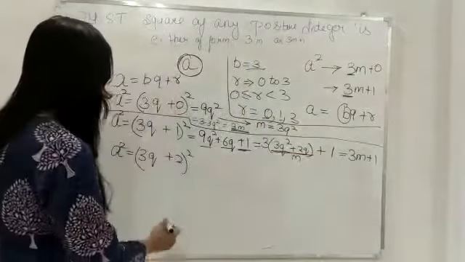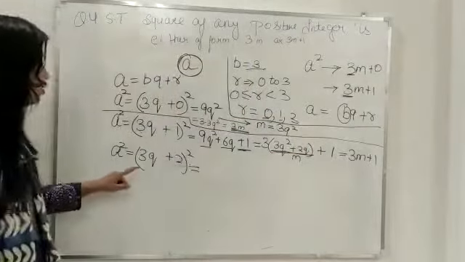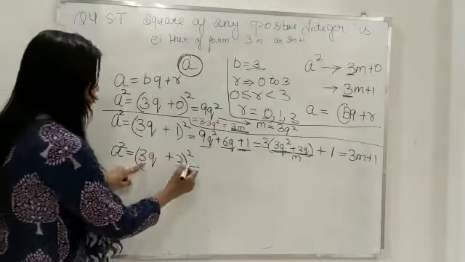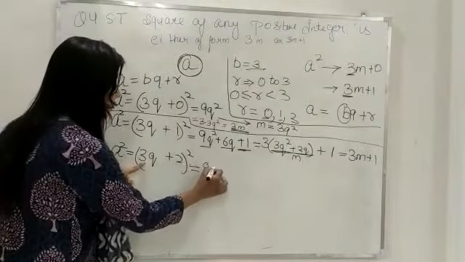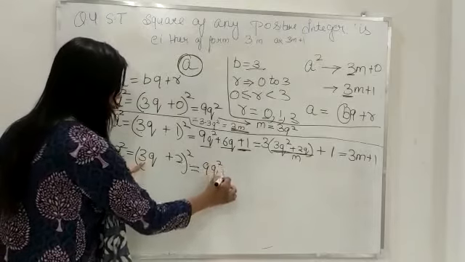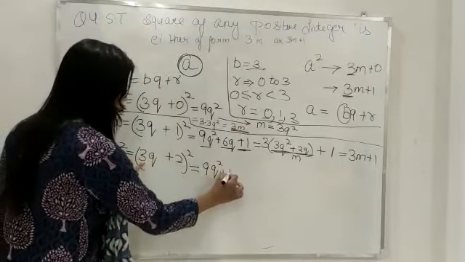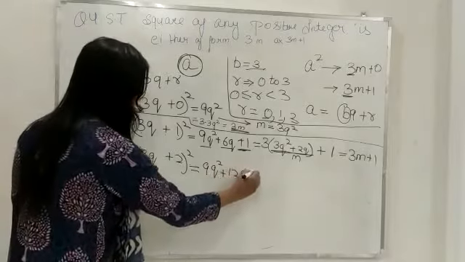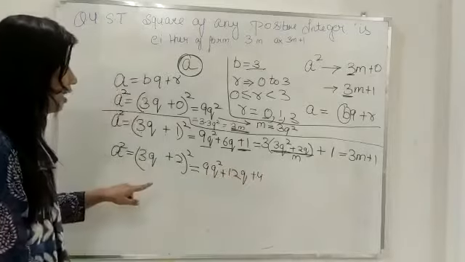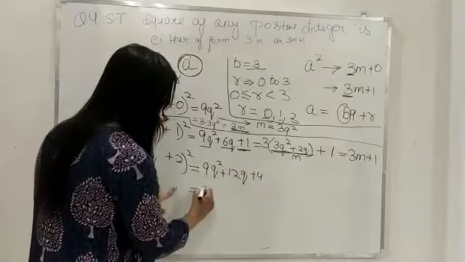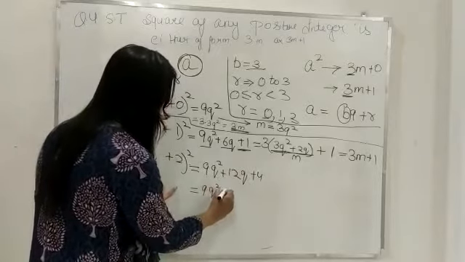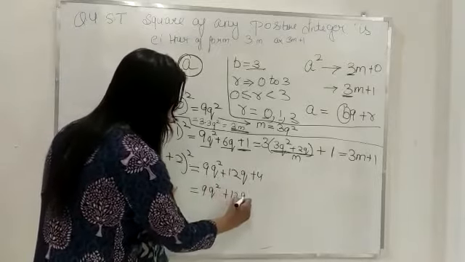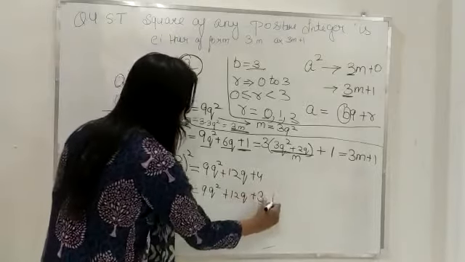In the last one, I will again apply the formula. So it will be 9q square plus 12q plus 4. Now what I will do, 9q square plus 12q plus 3 plus 1.